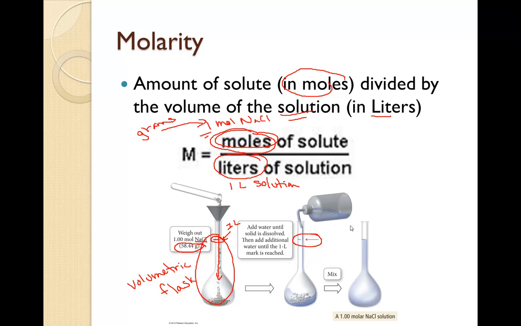Notice we put the particles in first, and then we add water, because remember, it's the solute and the solvent added together. So here's the solute. Now we're going to add the solvent until it reaches that 1 liter mark.